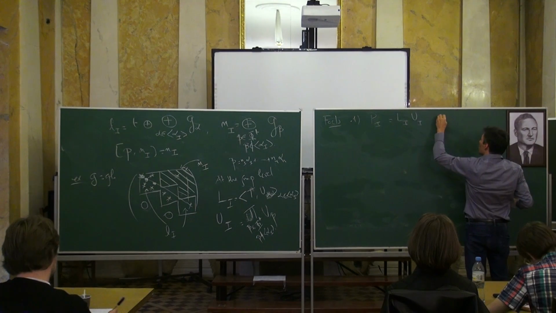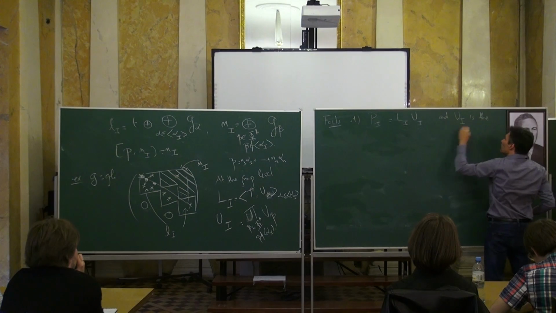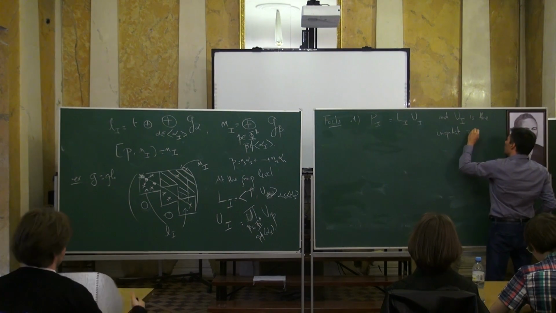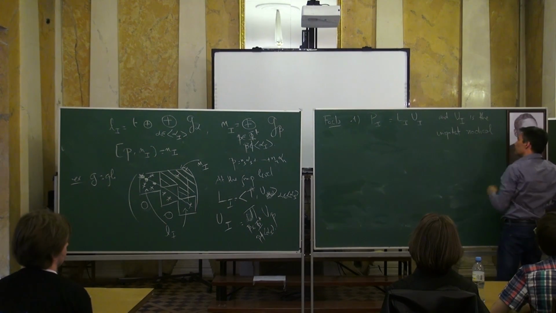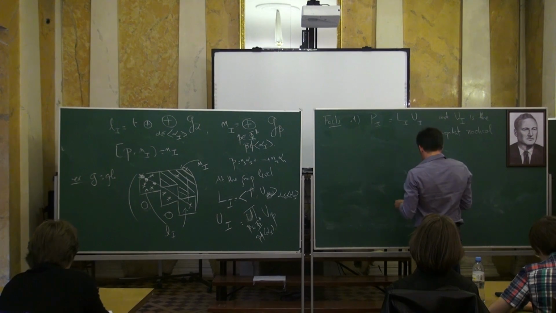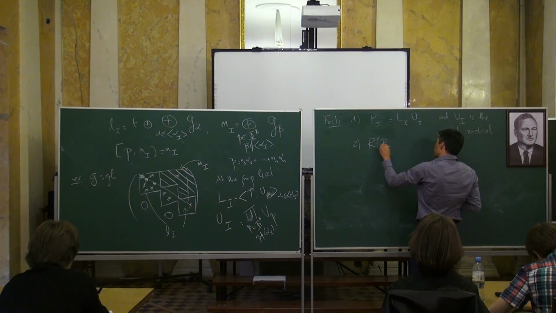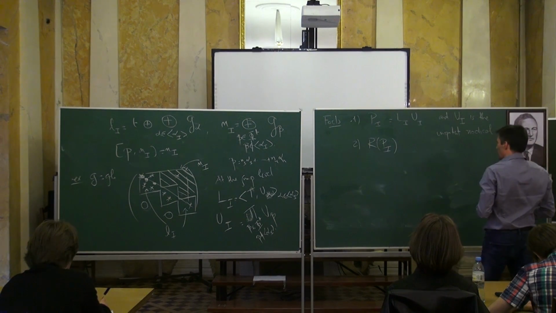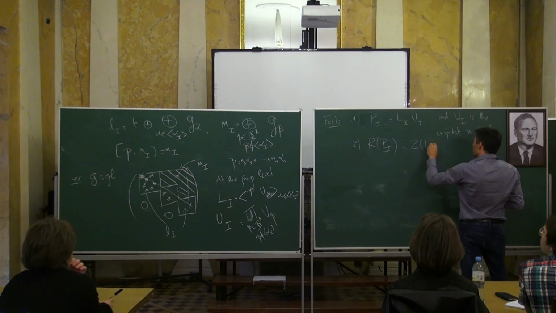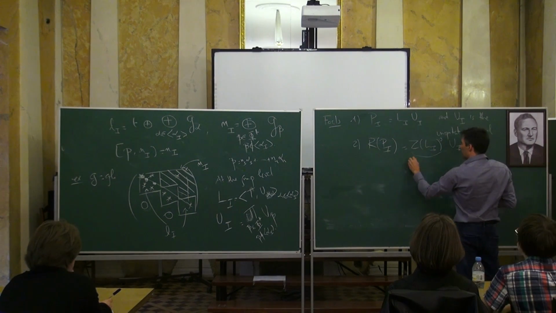And actually, UI is the unipotent radical. You can describe the radical. So it contains UI, and there is something more, which is the center of Li.